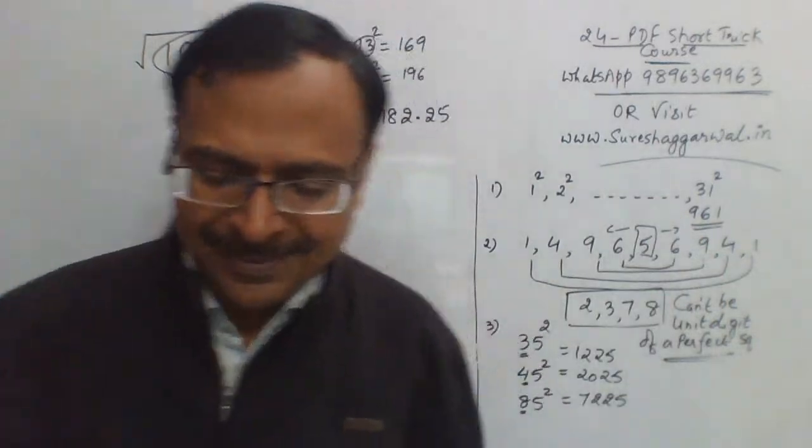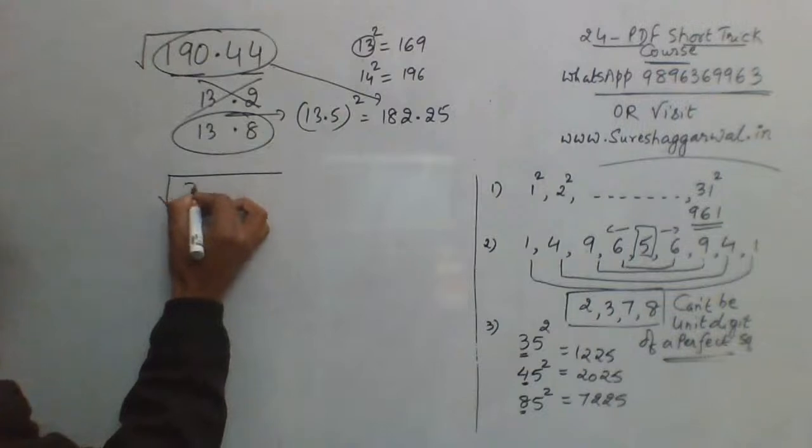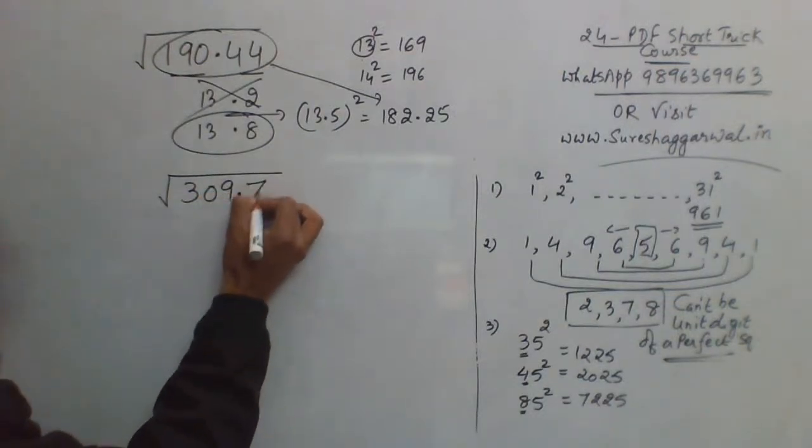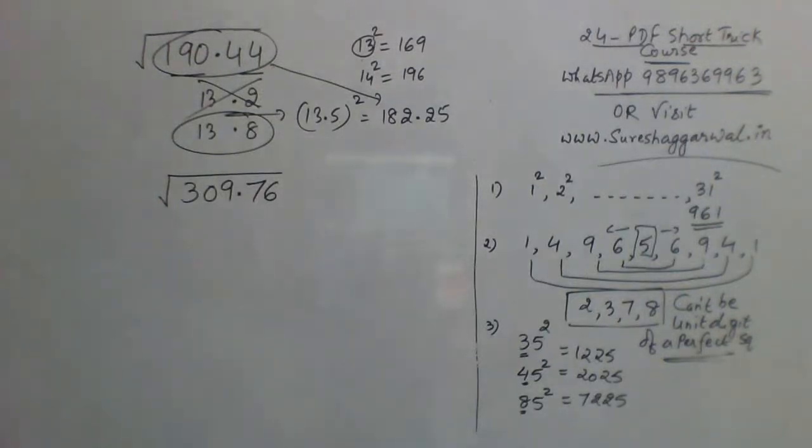Watch this. Your question is the square root of 309.76. So you can see the number is increasing now, 190.44 to 309.76. And 10 to 12 seconds are more than enough for this.